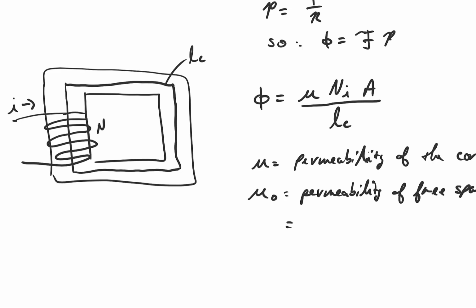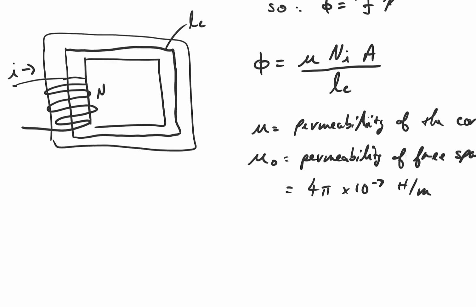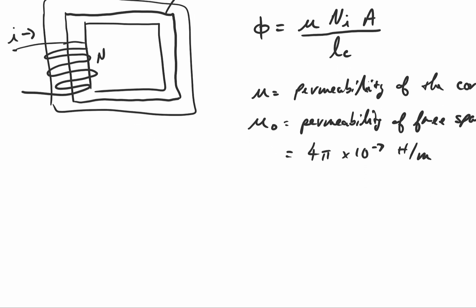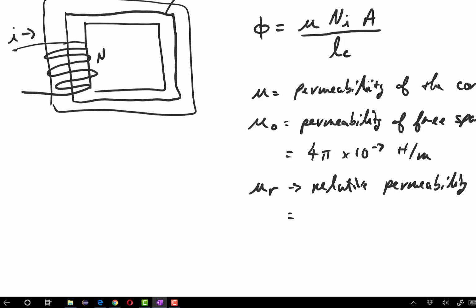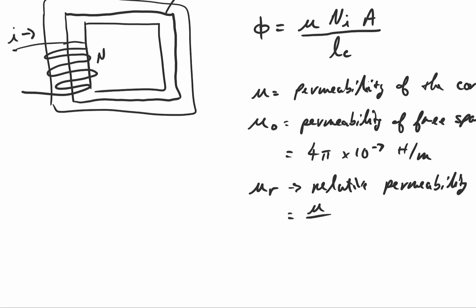And that is equal to 4 pi times 10 to the minus 7 henries per meter. If we want to talk about the relative permeability of a material, mu r, that is equal to mu, the material's actual permeability, divided by the permeability of free space.